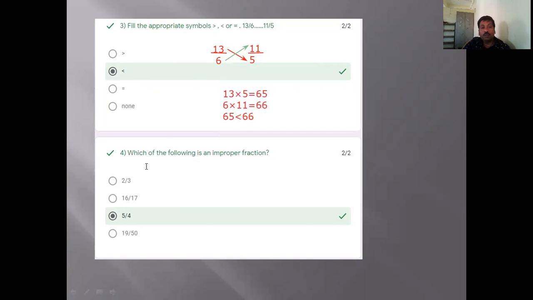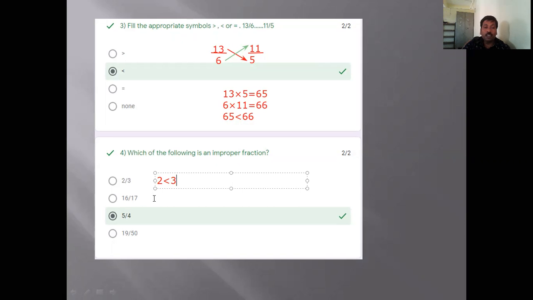Now another question: which of the following is an improper fraction? What are improper fractions? A fraction in which the numerator is greater than or equal to the denominator. In all four options, to check this property, 2 is less than 3.